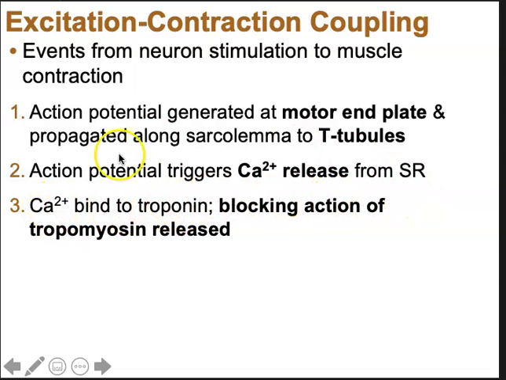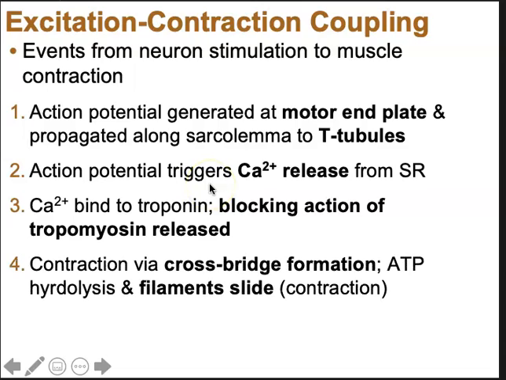The blocking action of the tropomyosin will be released due to calcium binding, and our sliding filament model will occur. Contraction via cross-bridge formation, ATP hydrolysis, and the filaments slide across each other within each sarcomere unit, which repeats itself throughout the fiber. It's this part that we call contraction.